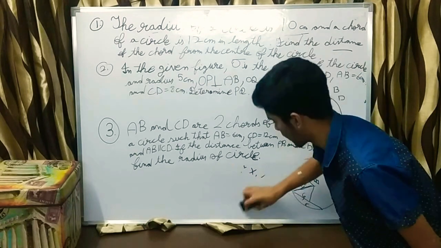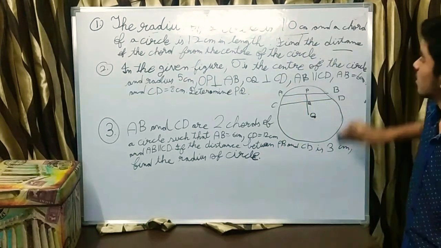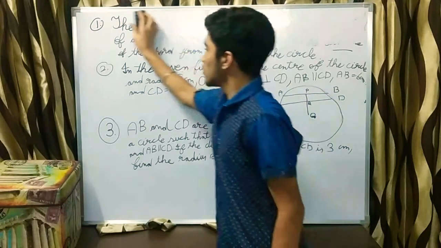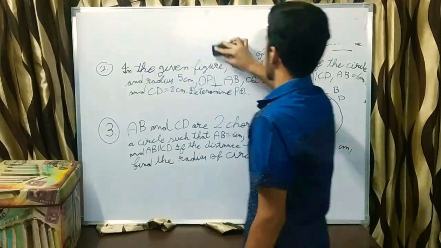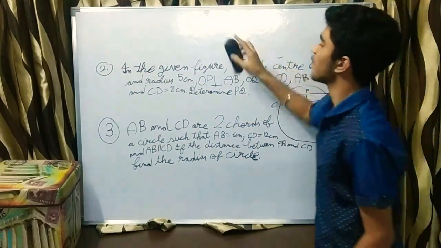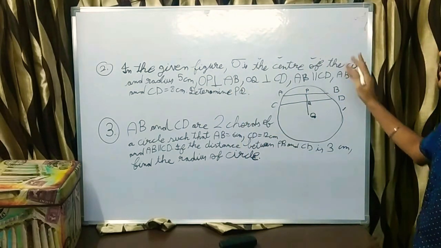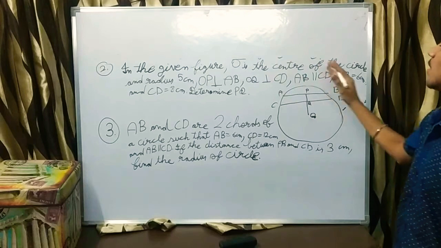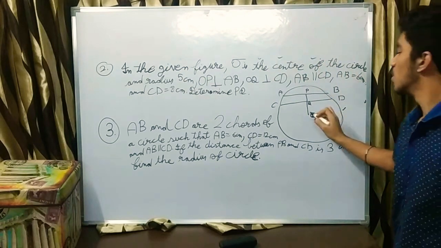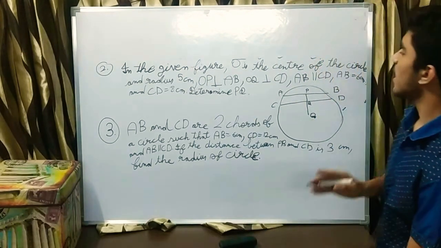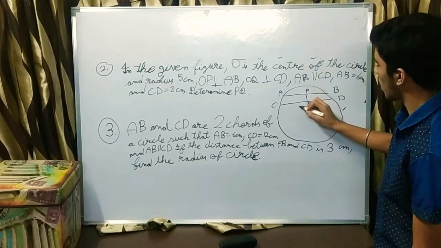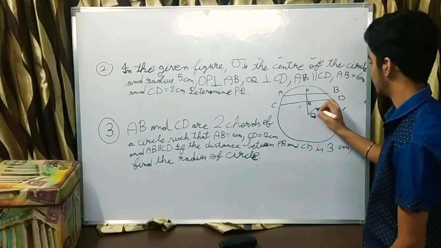Let's move on to the second question. The second question says that in the given figure, this is the figure, O is the center of the circle and the radius is equal to 5 centimeter.